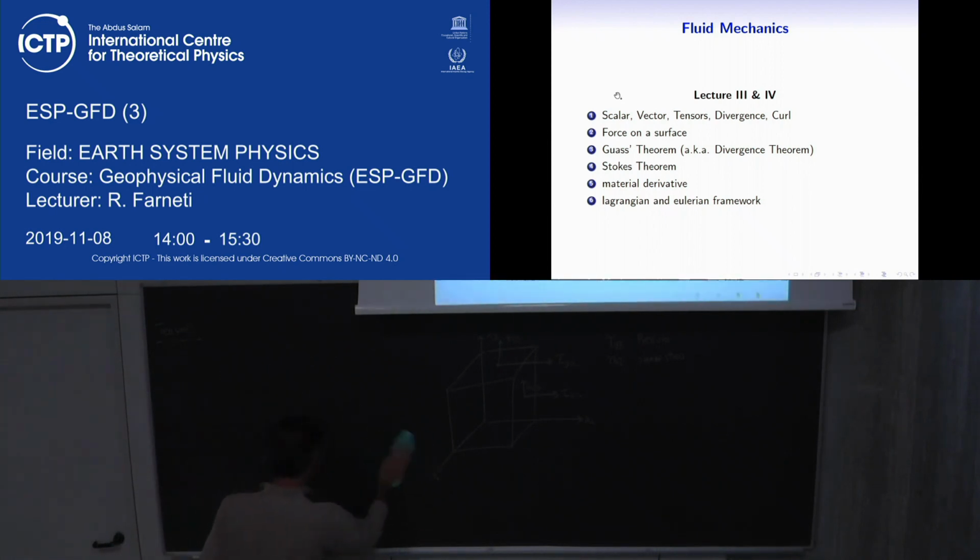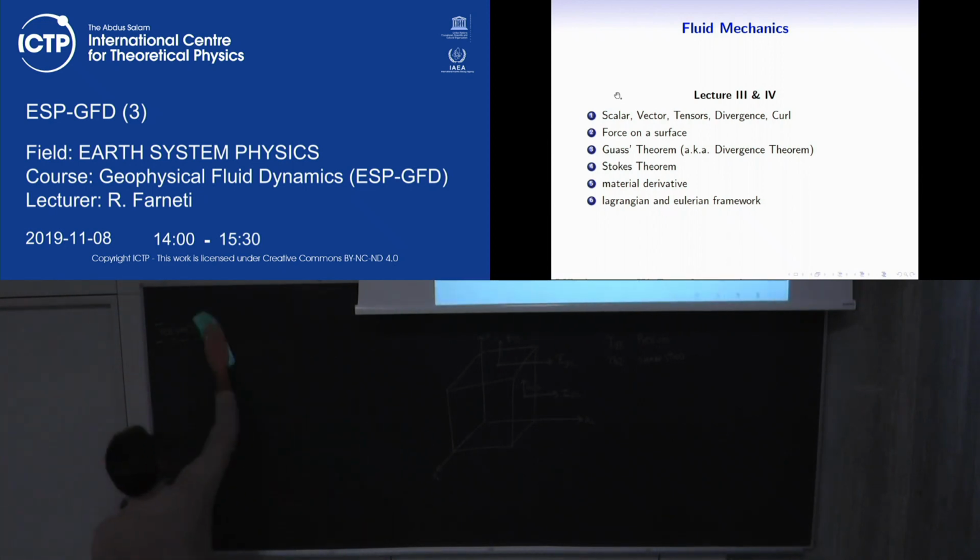But also tensors are useful because it's much easier to work with tensors. Okay? So some operations in vector notation. If you want to define the velocity vector, for example, you have u1 x1 plus u2 x2 plus u3 x3.